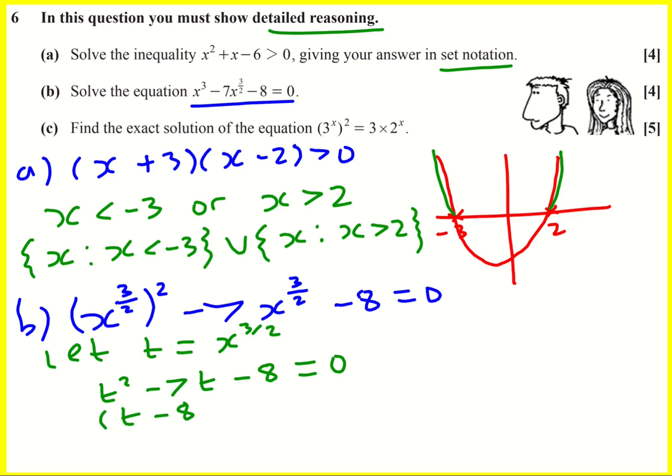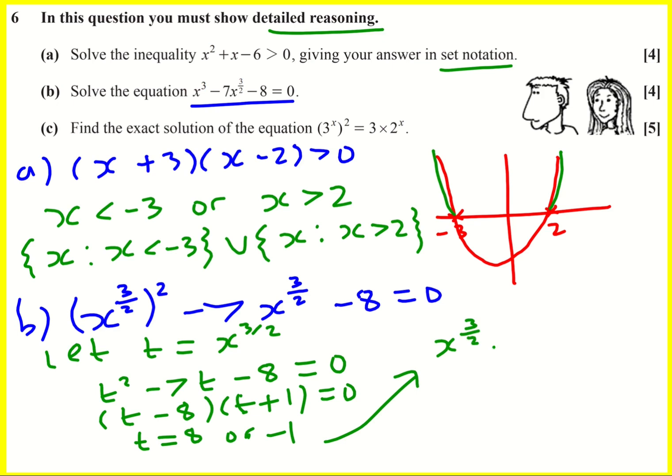And (t - 8)(t + 1) equals 0. So t is equal to 8 or minus 1. Now let's get it back in terms of x. That's going to mean that x to the 3 over 2 is equal to 8 or minus 1.